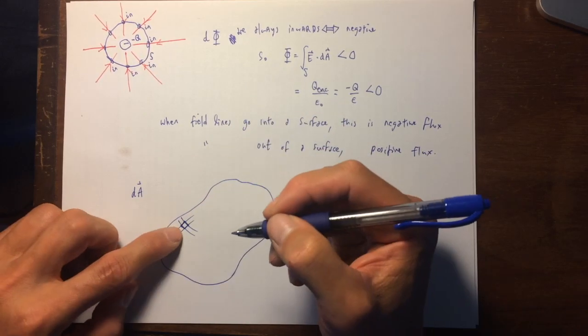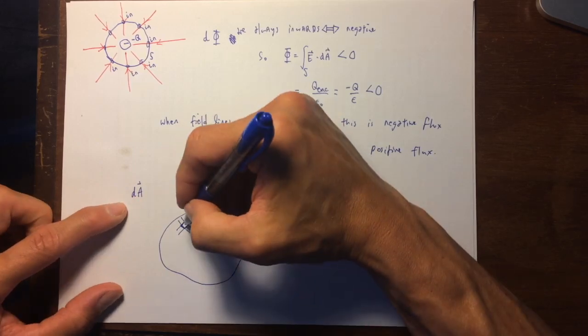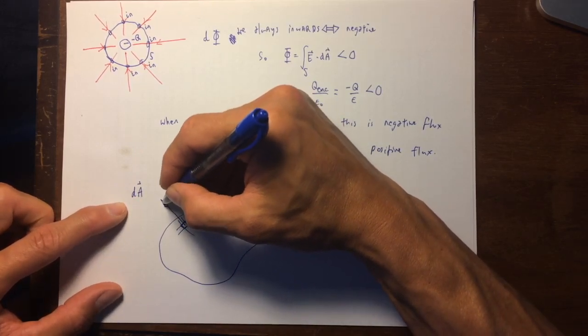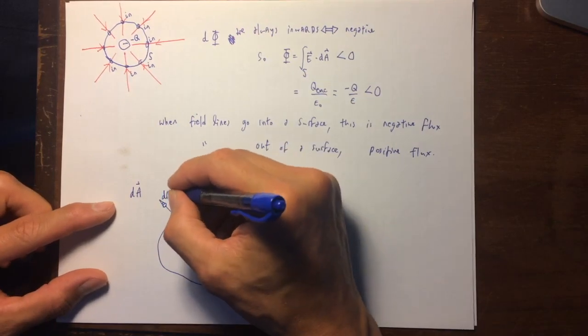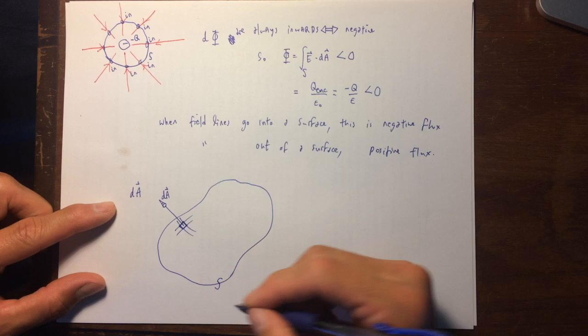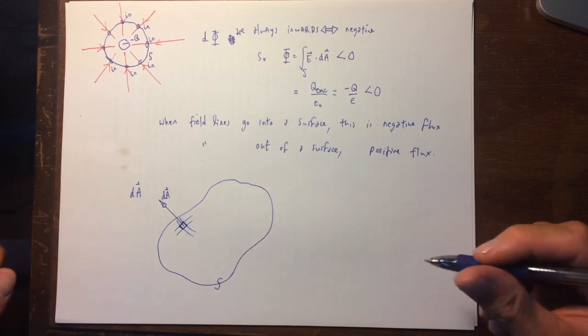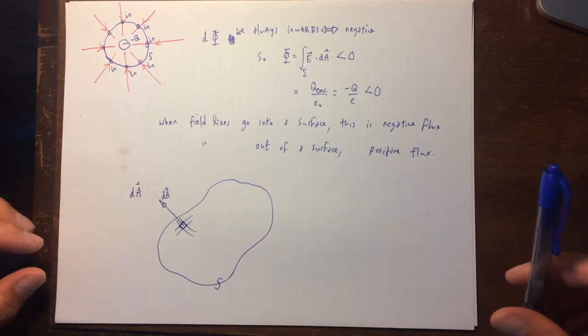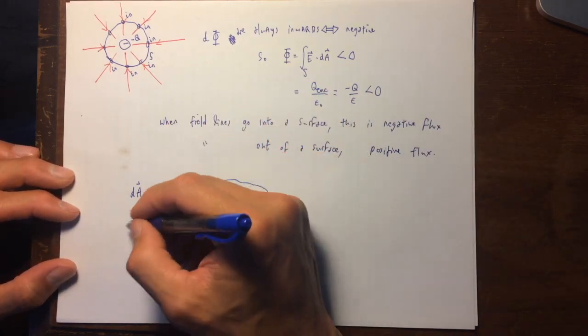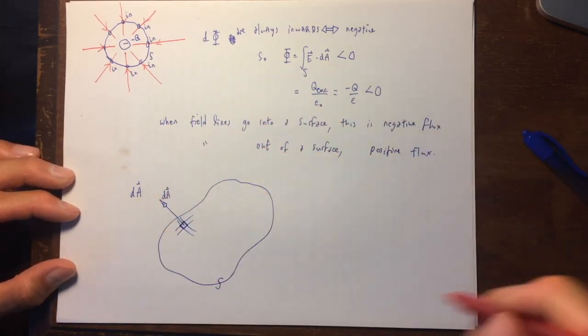Here is a small tile that I'm going to represent with this arrow. This is the dA vector at this location on some arbitrary surface S. And let's imagine that I have a positive charge, say over here.